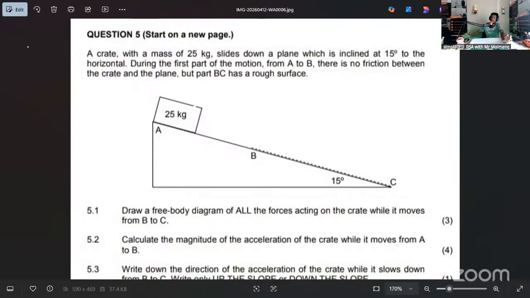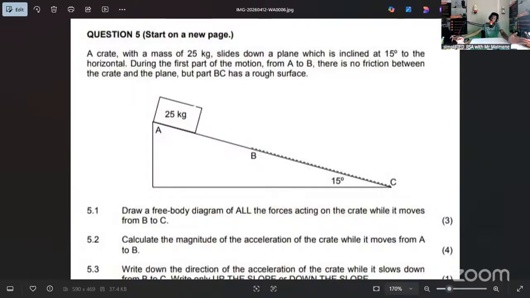A crate with a mass of 25 kg. So we already saw that the crate is 25 kg when we were zooming in on our object. It slides down a plane which is inclined at 15 degrees to the horizontal. We understand the whole concept of horizontal and inclined, because we have the horizontal axis, we have the vertical axis.